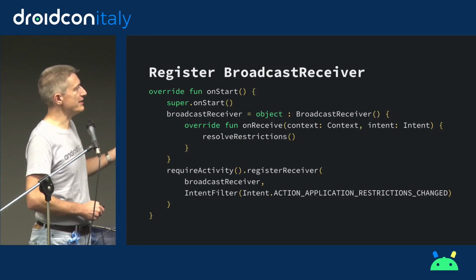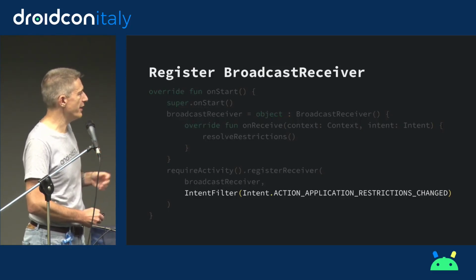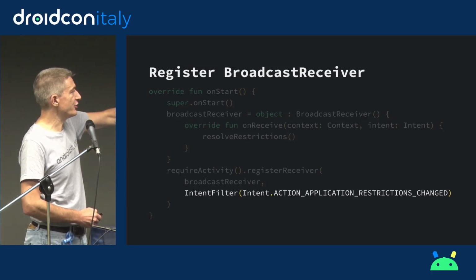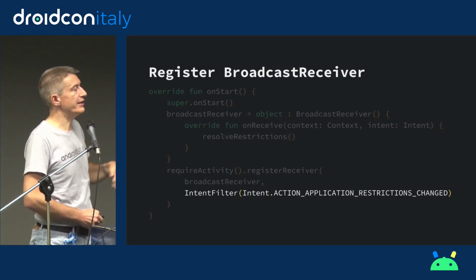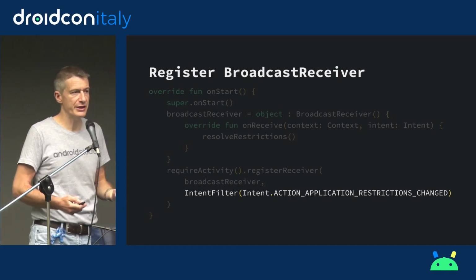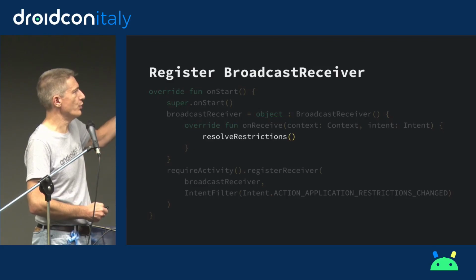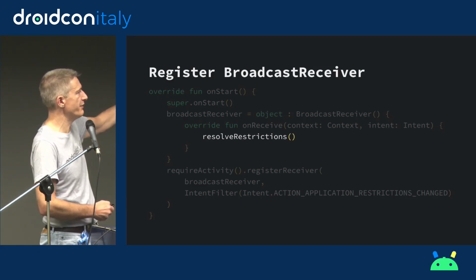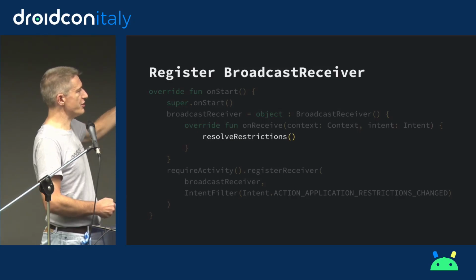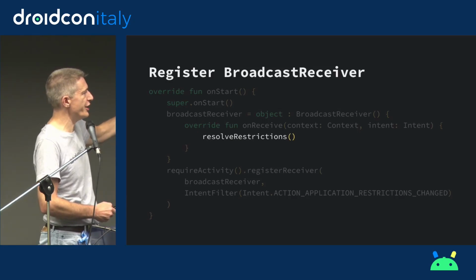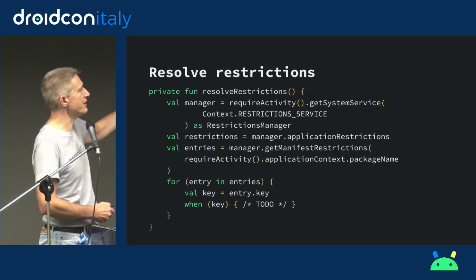Through a broadcast receiver. You have the action application restrictions changed that is sent to your application when your application is running. When you receive this broadcast with this intent, you can resolve which restriction has been changed and do something about that.